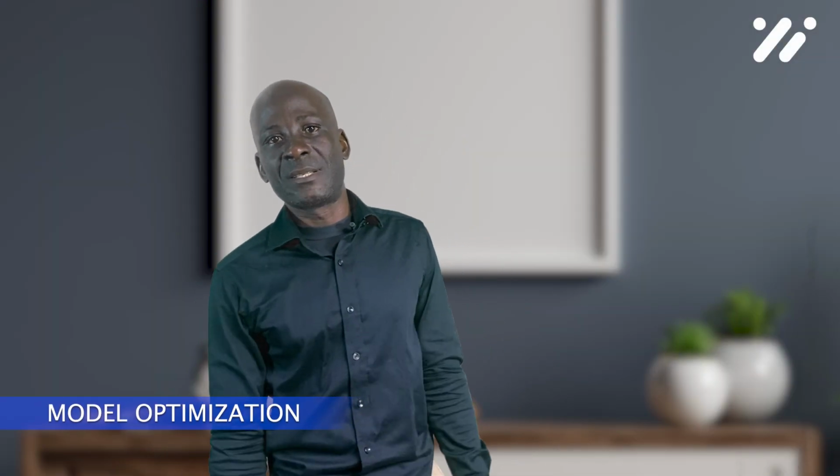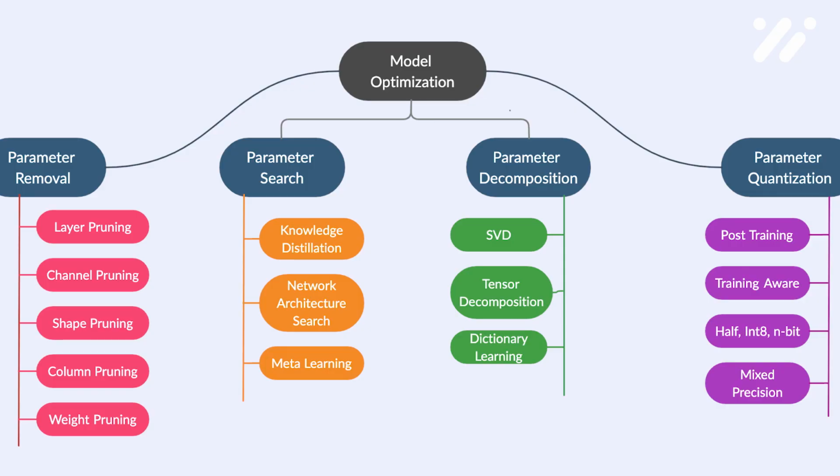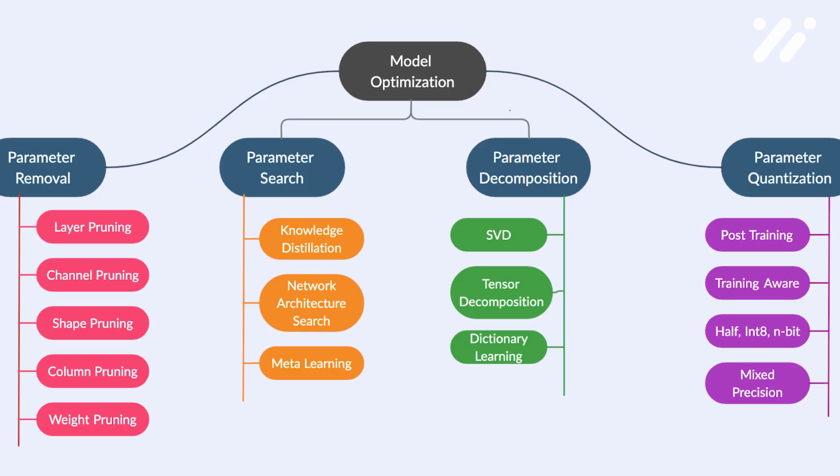Model optimization. Model optimization aims to improve the model's performance by fine-tuning its hyperparameters, regularization techniques, and architecture. You see now? Your model will not be complete if it is not optimized.